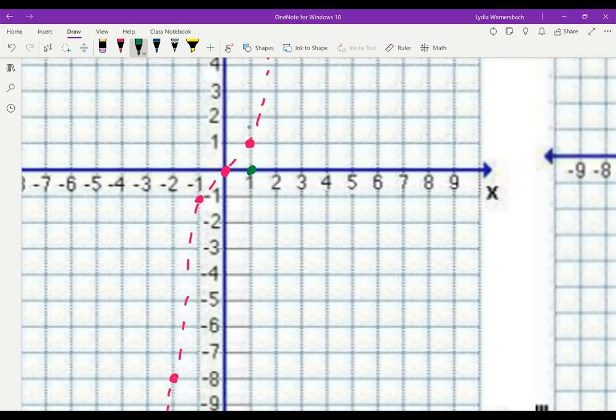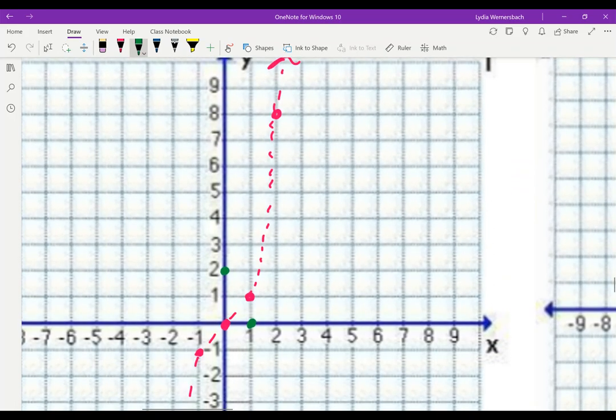It's going to be (1, 2), right? So it would end up here for the moment. But then I have to reflect it over the y-axis. So I have to reflect it, and it would go over here for a minute, right? Because that's reflecting over that vertical y-axis. But then I still have to move it to the right, so I'm still going to move it to the right one, and it's going to end up there.